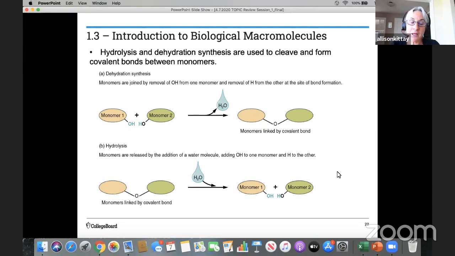So if we've got that polypeptide or polysaccharide or nucleotide that is linked together, if we add water, we hydrolyze it, we're going to break that bond, and we are going to split those monomers into two and re-add that water to each monomer. The hydroxyl group will go to the first one, and the hydrogen will go to the second one.